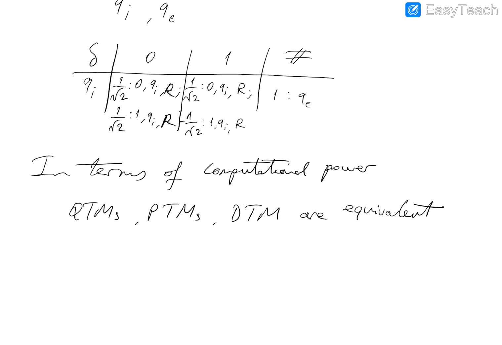Okay. We can simulate a quantum Turing machine using a standard deterministic Turing machine. Maybe not effectively, because we have Shor's algorithm, right?